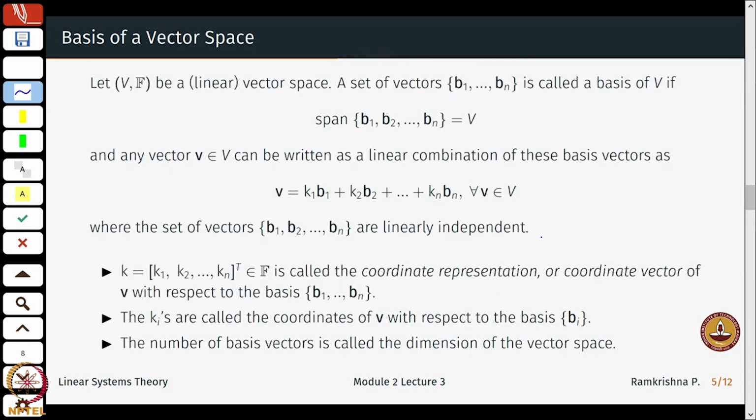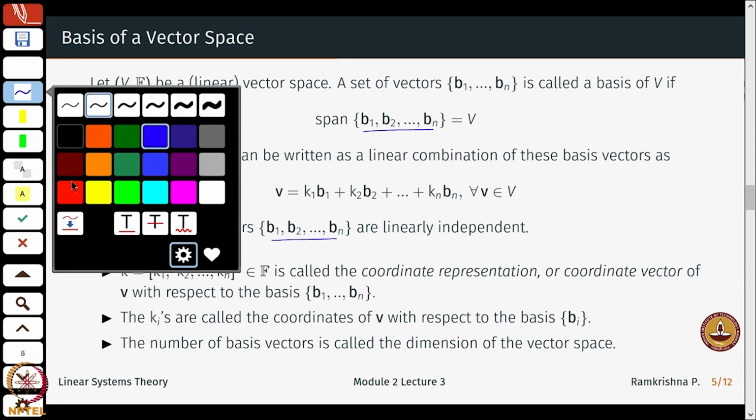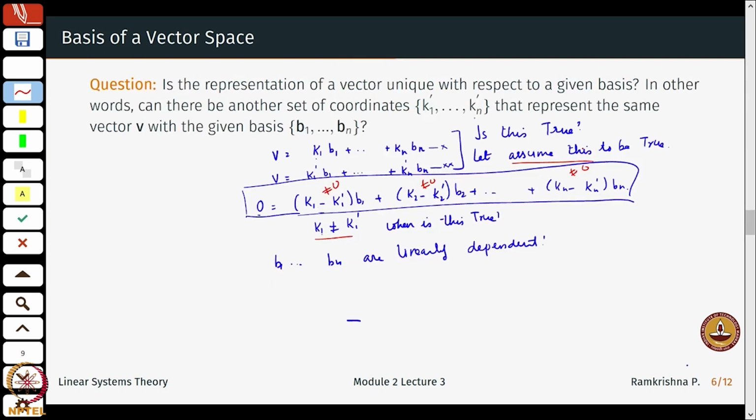What does the definition of basis say? Well, the definition of basis is that these b1 till bn must be linearly independent, and therefore, if this assumption were to be true, then b1 till bn are linearly dependent, which is a contradiction, right.